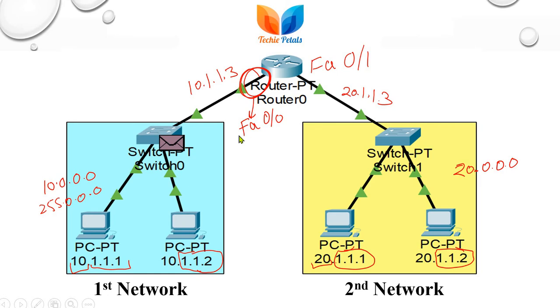So if this is the port for this network connection and this is the port for this network connection, we need to configure this connection with this gateway address. So this is the gateway address, or the identification number we can say, for this port, and the second port that is connecting this network will be identified by this gateway, 20.1.3.